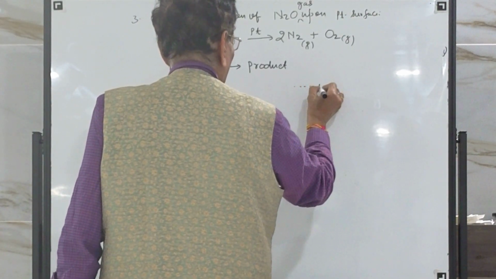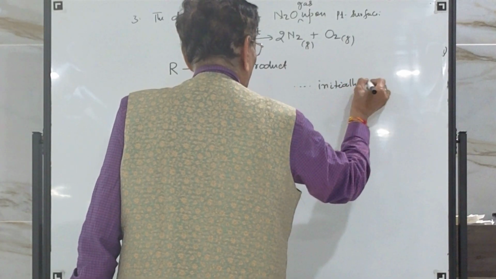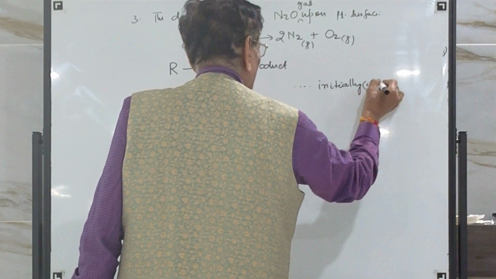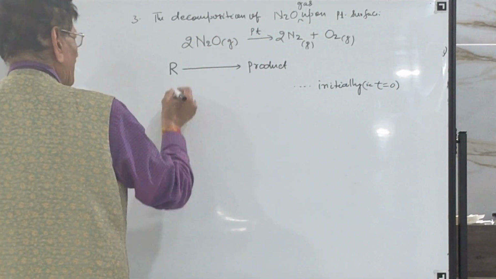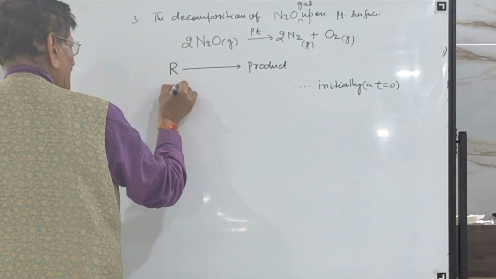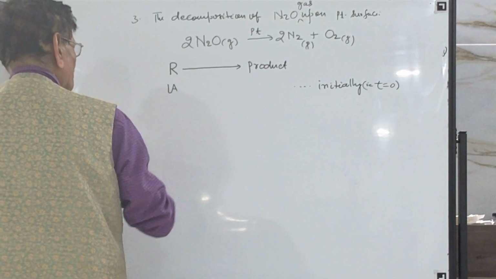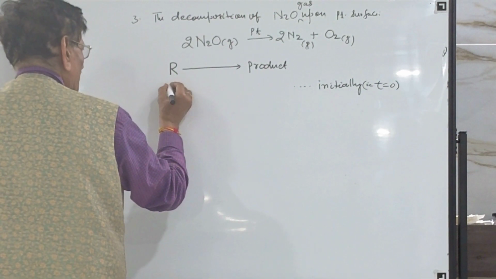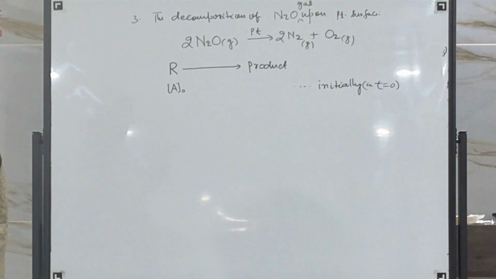Initially, when t is zero, the concentration of R is A naught. That is the concentration at zero time.